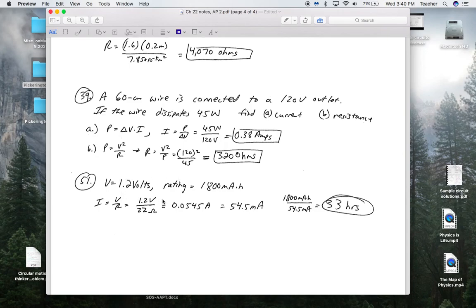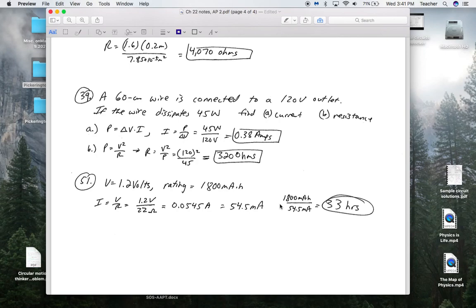This has something with a certain voltage rating, and it's a battery which has a rating of 1,800 milliamp hours. So that is the amount of time it could provide a certain amount of current. So it could provide 1,800 milliamps for 1 hour. So if we look at this and we want to find out how long that battery is going to last, we would take the voltage which is given, and I forgot to tell you that the resistance is given as 22 ohms of a device. That tells us the current. The current is 0.0545 amps, that's 54.5 milliamps.